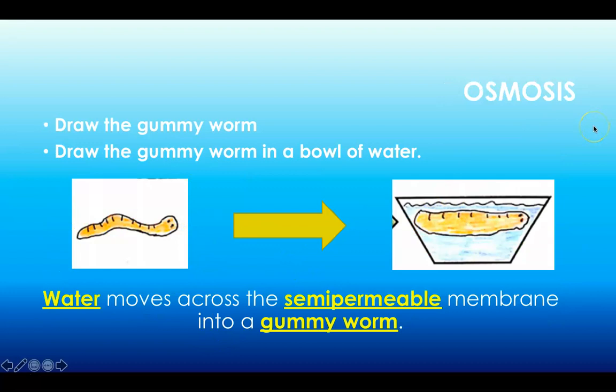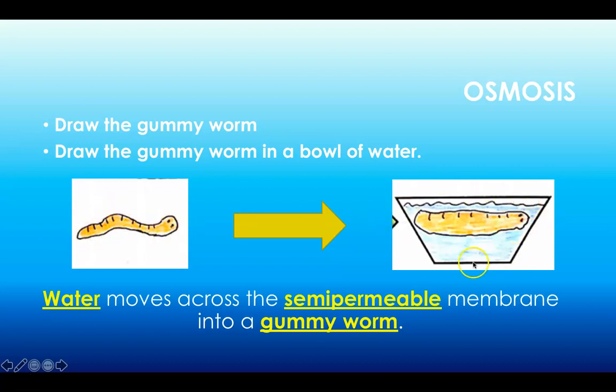So again, there are lots of examples in the real world where this occurs, but one that's probably the easiest to see is placing a gummy worm or a gummy bear in a cup of water. If you think back to high versus low concentration, you have a gummy worm that has a low concentration of water.